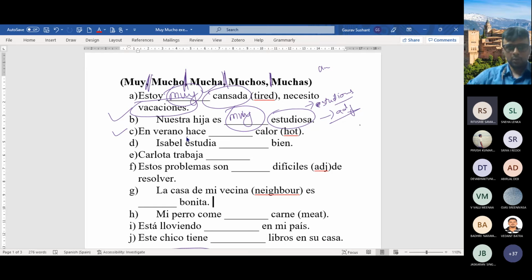Number C, we have not done this type of expression, but still, if anyone can tell me. En verano hace blank calor.